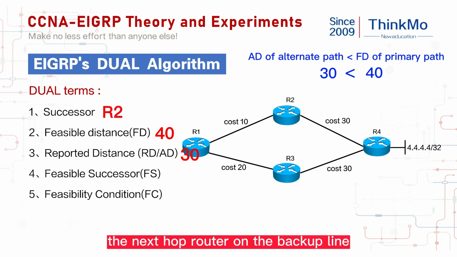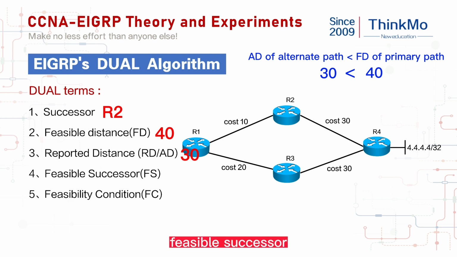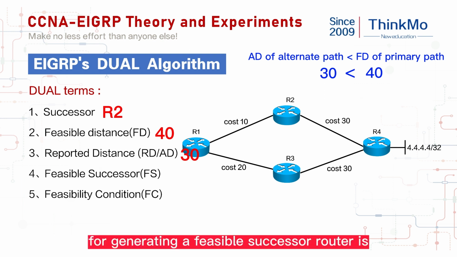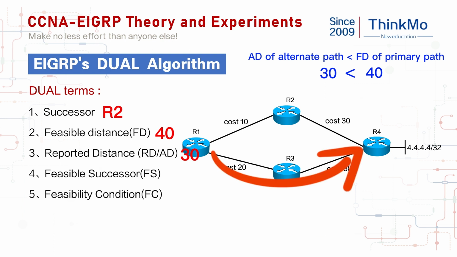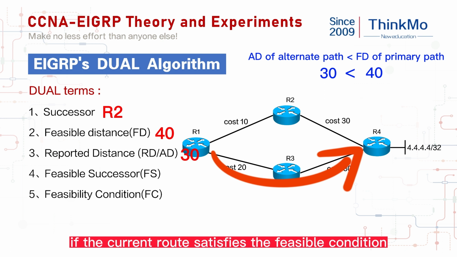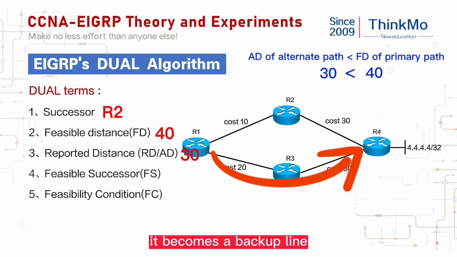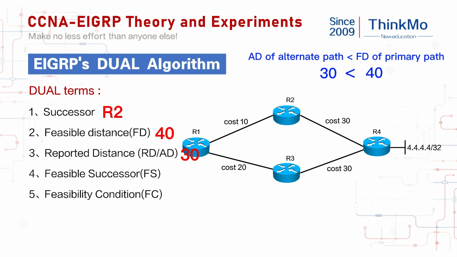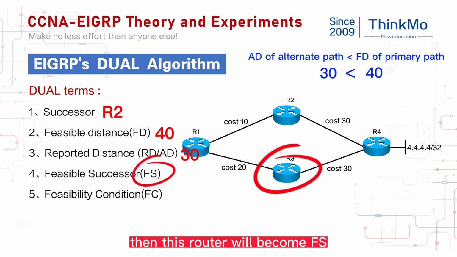The next hop router on the backup line is the feasible successor. The condition for generating a feasible successor is that the line must be available: if the route satisfies the feasible condition, it becomes a backup line, and this router becomes the FS, feasible successor.